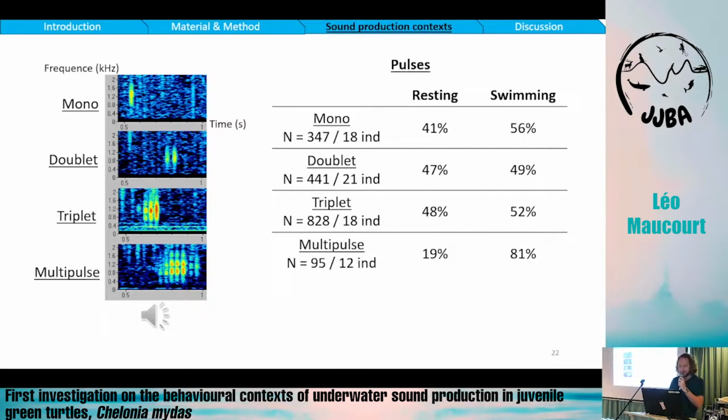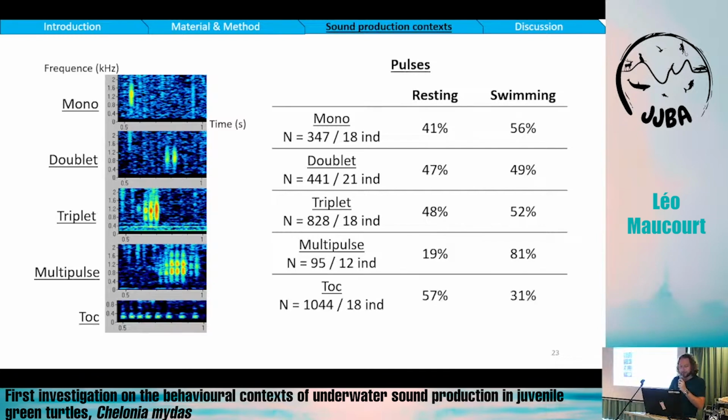And there is also the talk, but the talk is too low to be heard with this headphone, so I will not play it today. All these sounds mostly co-occurred with resting and swimming. There is nothing more for this one.